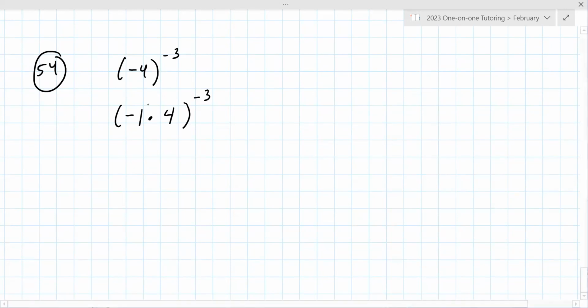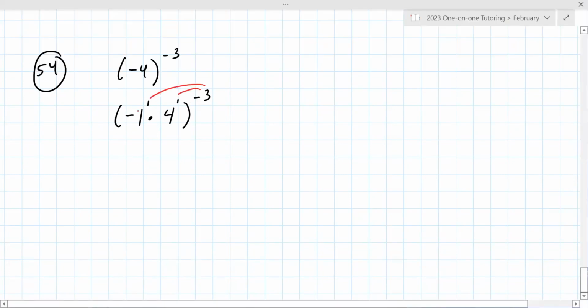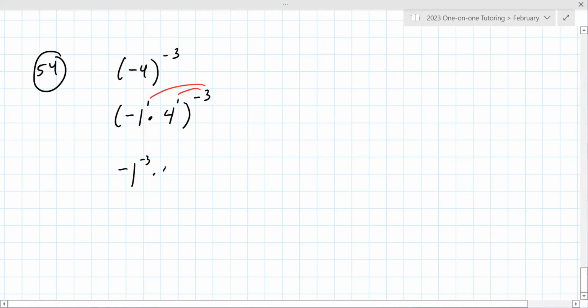Now both of these numbers have exponents. So when you distribute that -3 to both of them, it's really -1 to the -3 power, 4 to the -3 power. Is that okay so far?